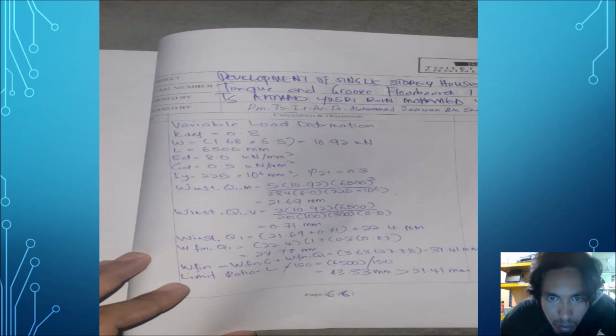Untuk variable load deformation, untuk Qm kita dapat 21.69 mm. Untuk Qv kita dapat 0.71 mm. Untuk Q1, Q dan wfin Q1 masing-masing kita dapat 22.4 dan 27.78 mm. Untuk limit ratio kita dapat 43.33 mm lebih besar daripada 31.41 mm.